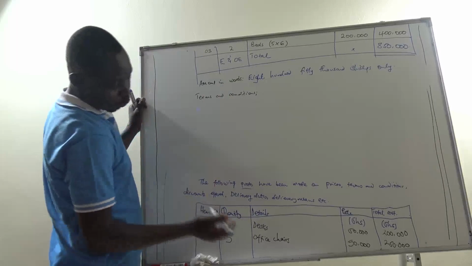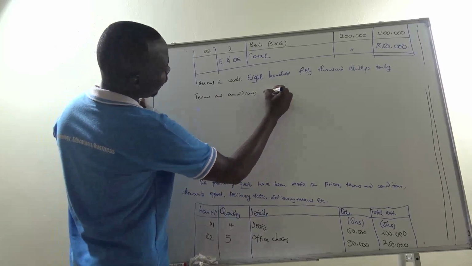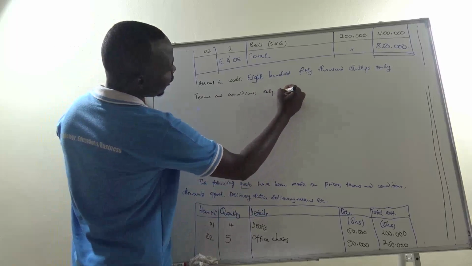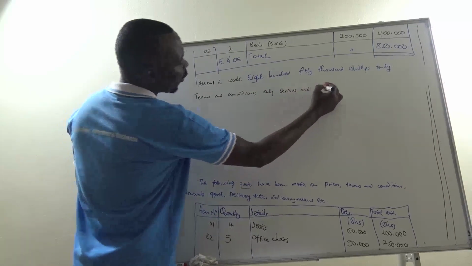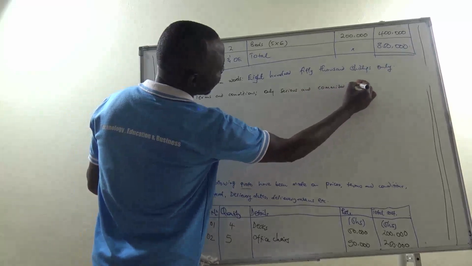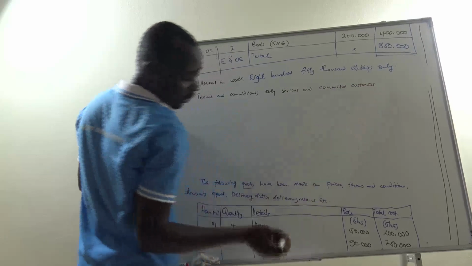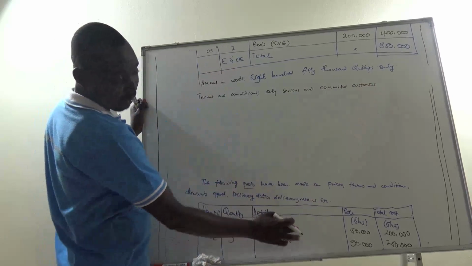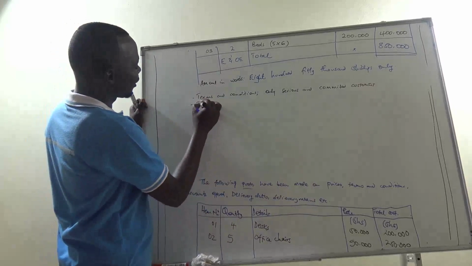You stay, and with terms and conditions, only serious and committed customers. That is the only term. Not terms and means of payment, but terms and conditions. Then you can have terms and means of payment.